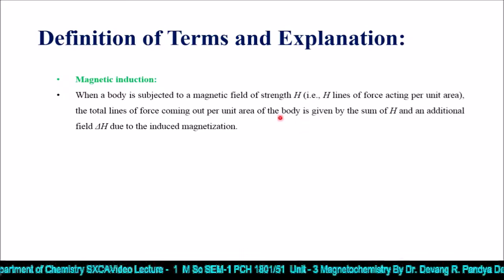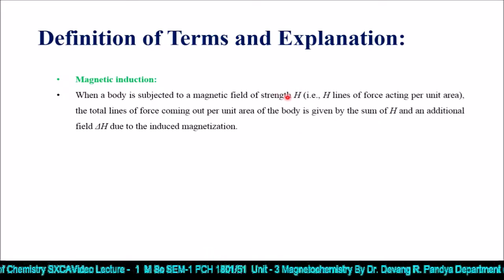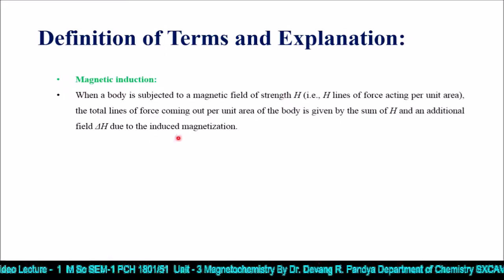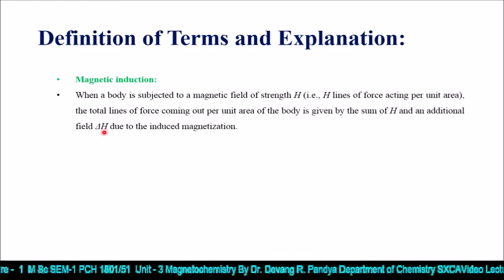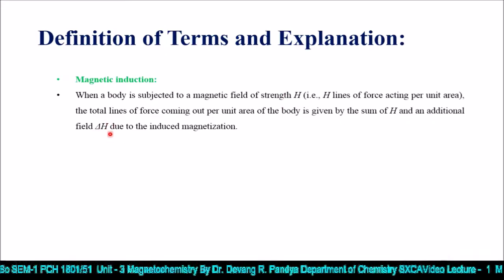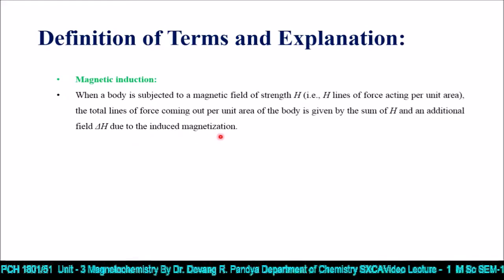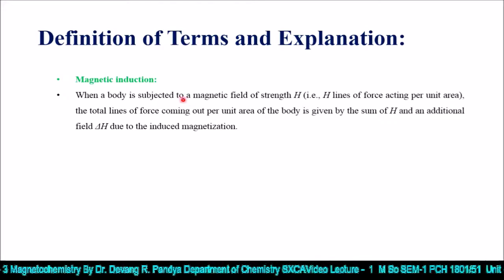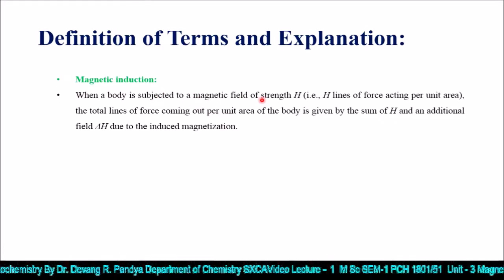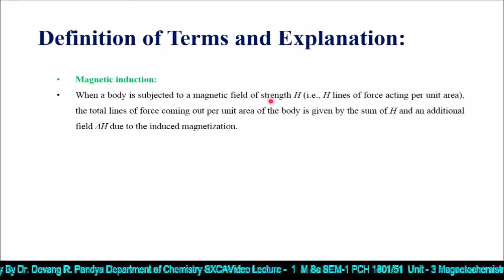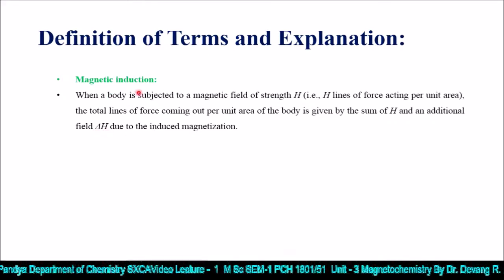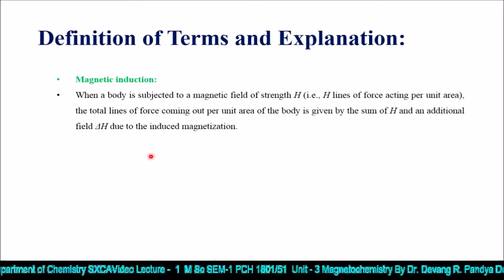So up to the strength H, that is the magnetic field intensity, and then if a little extra delta H value is obtained, that is considered as induced magnetization. The magnetization because of the magnetic field of strength H, the little induced part represented as delta H, is called magnetic induction.